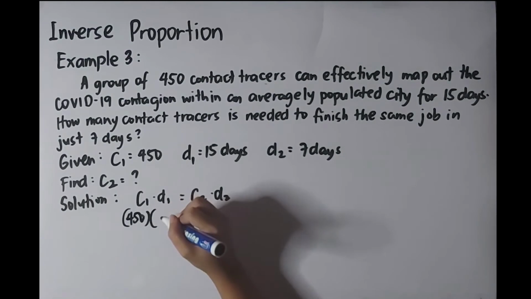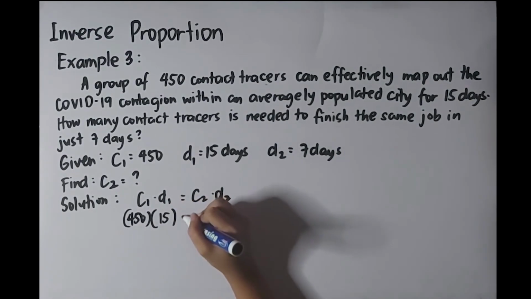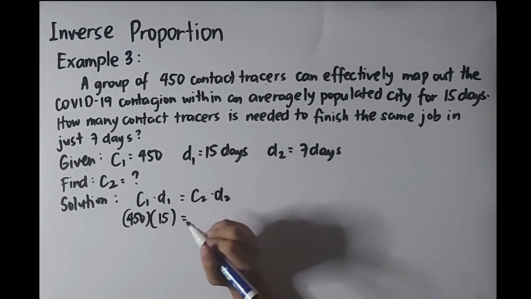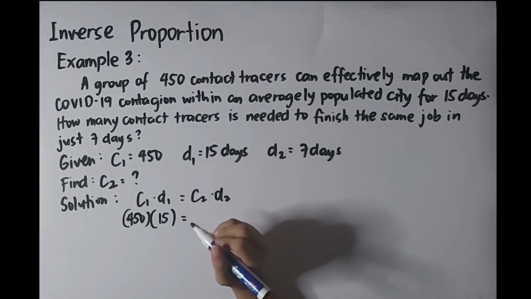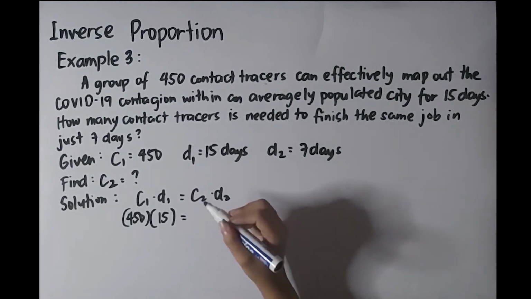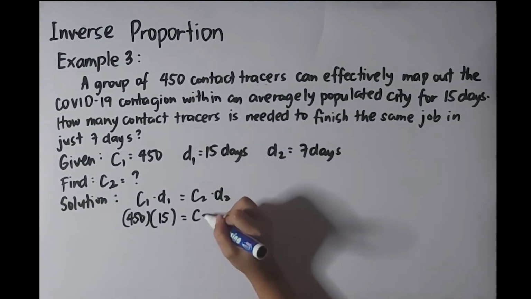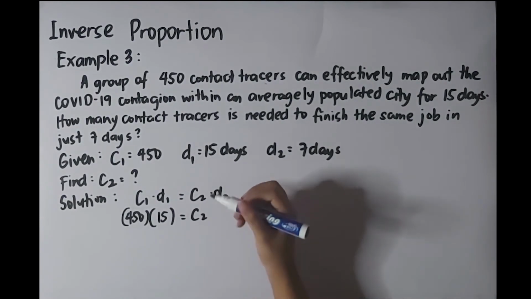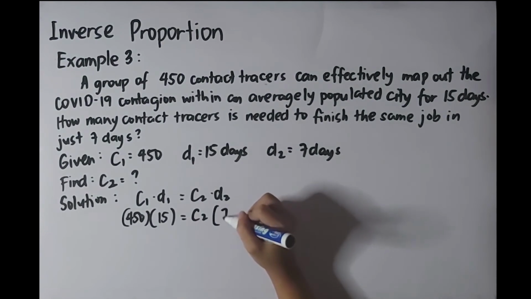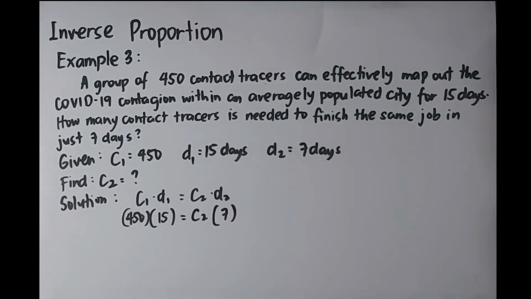450 multiplied by 15, then we have C2, this is what we are going to find out, then D2, which is 7 days.